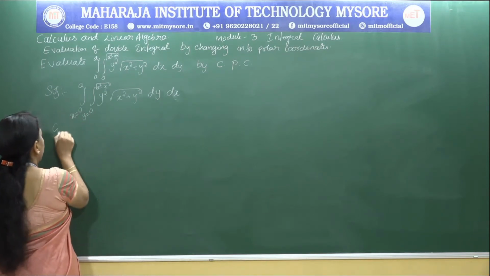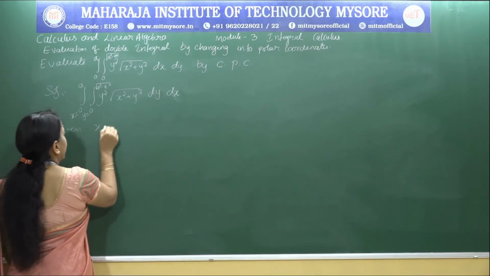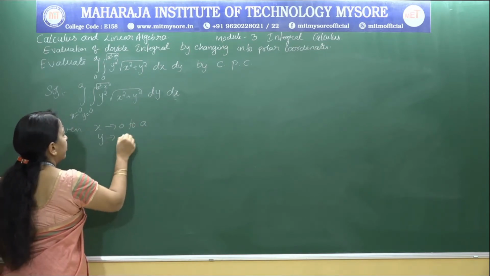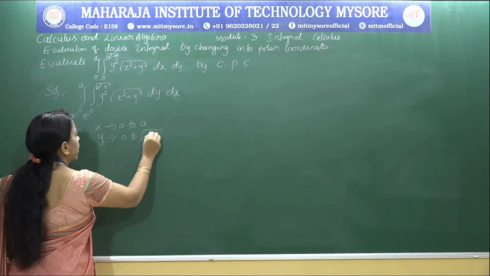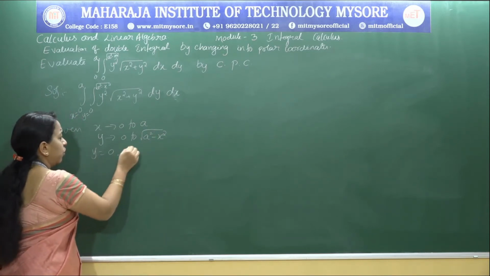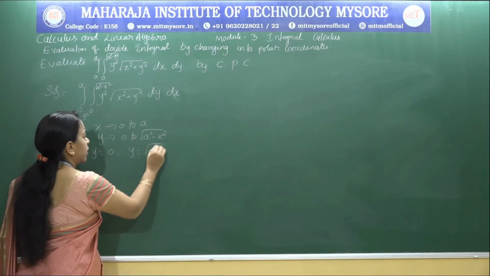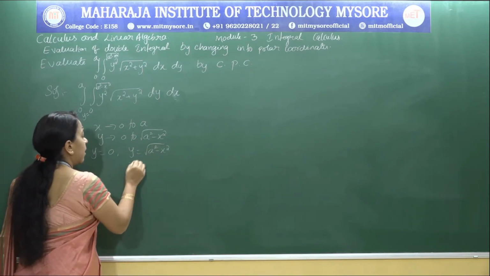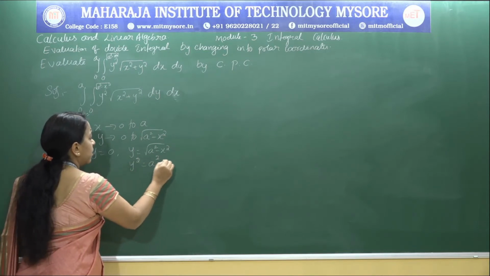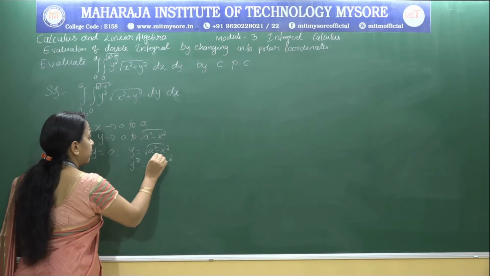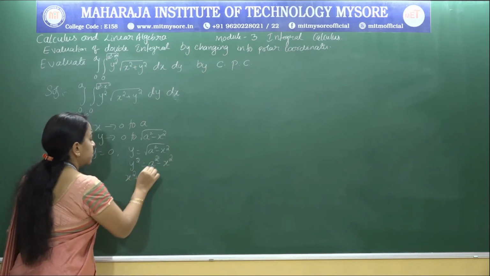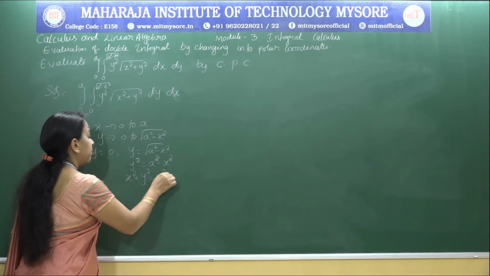That is, given x varies from 0 to a and y varies from 0 to root of a square minus x square. That is, y equal to 0 and y equal to root of a square minus x square, or I can write this as y square equal to a square minus x square, or we have x square plus y square equal to a square.